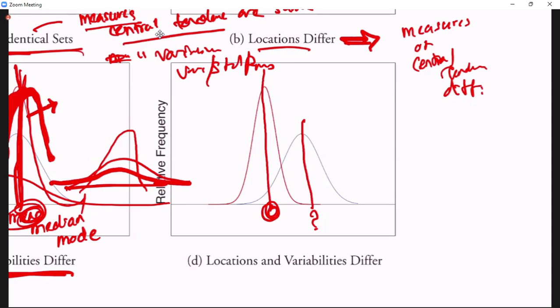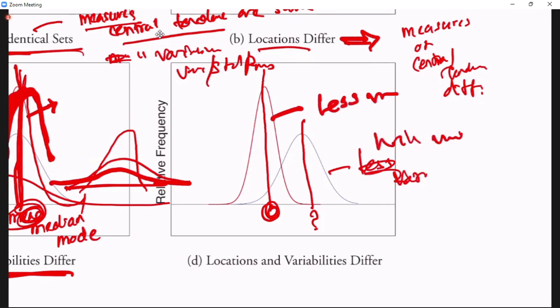Blue one. This has less variability, compared to this one, this has high variability. This is less variability. This is high variability. But in a real scenario, if we can have such a distribution like the blue one, actually it's better.